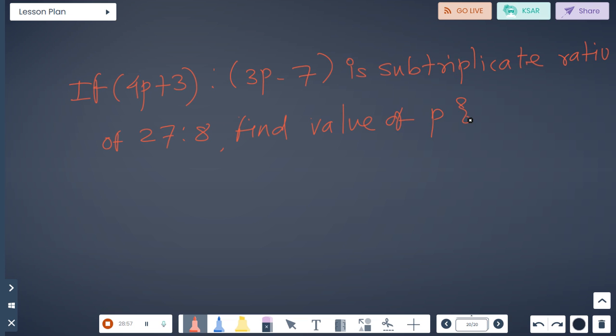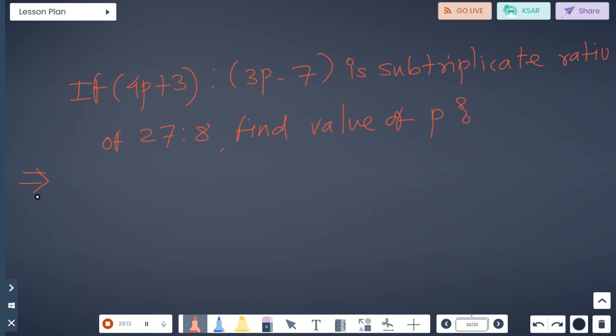First of all, write down the solution. Given that 4p plus 3 is to 3p minus 7 is the sub-triplicate ratio of 27 is to 8.